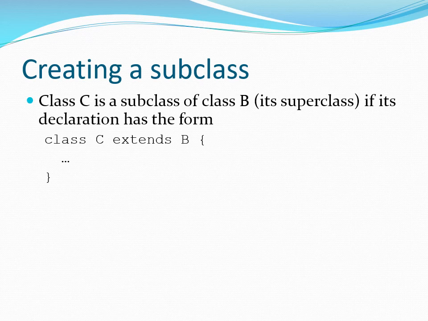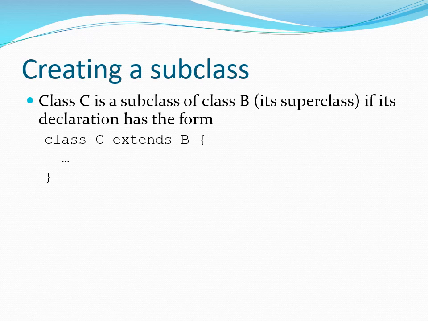So now let us look at the syntax of how we can create a subclass out of a superclass. Here you can see class C extends B. B is the existing class, C is the new class. So a subclass extends a superclass.